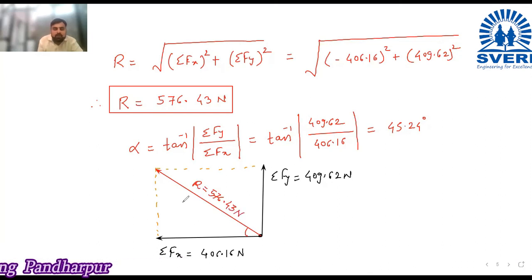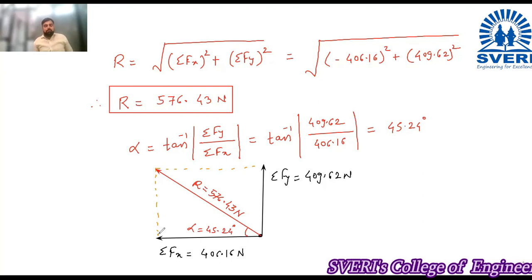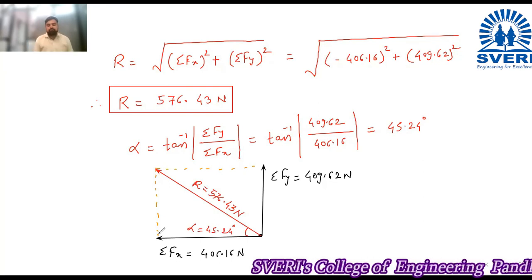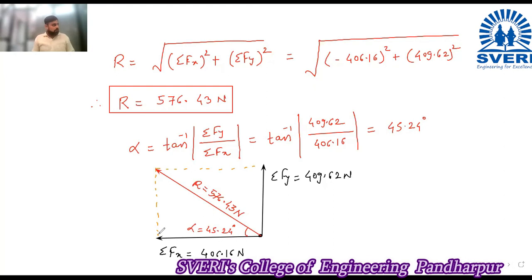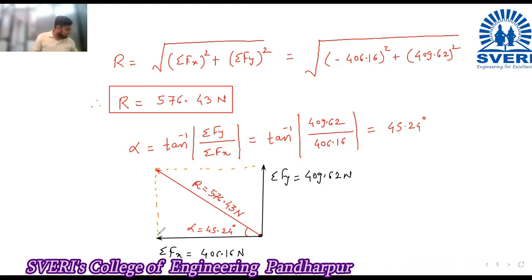This is the value of R and alpha is equal to 45.24 degree. This is the value of alpha. So this is your final diagram. Okay.